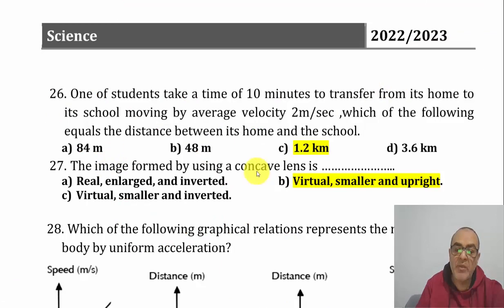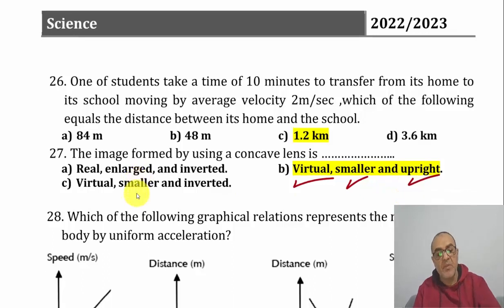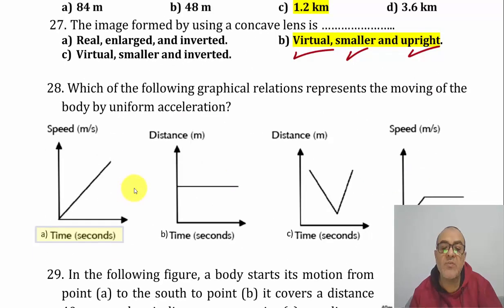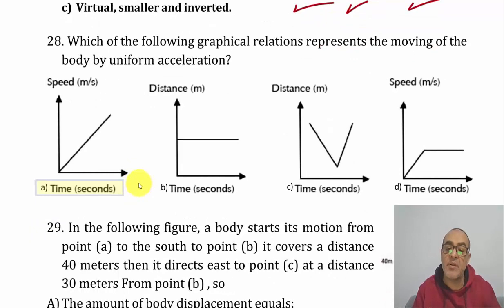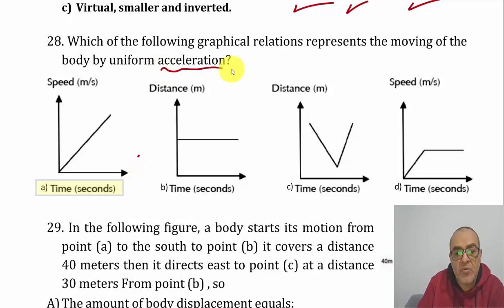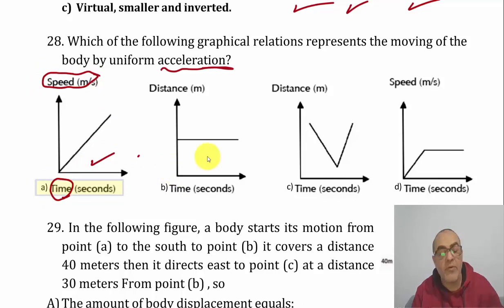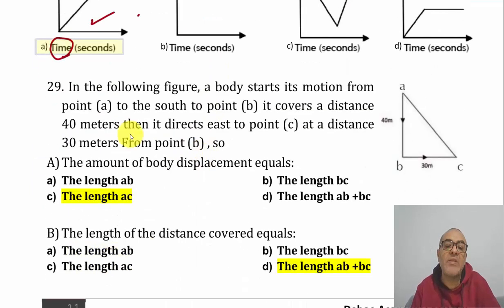The image formed by using a concave lens is always virtual, always smaller, always upright. Number 28. Which of the following graphs represents the motion of a body in a uniform acceleration? Uniform acceleration, so it's a relation between speed and time. So this one is the right answer. 29.